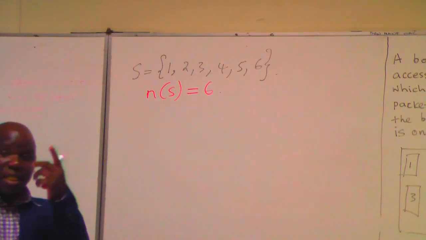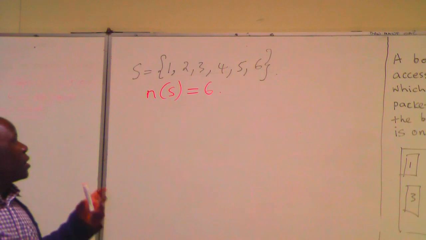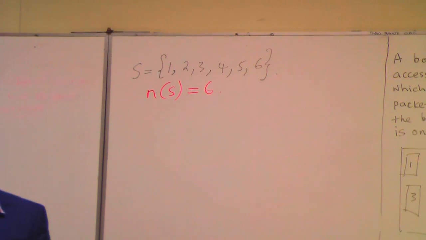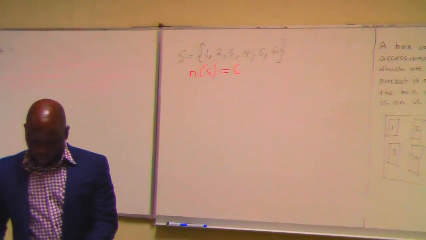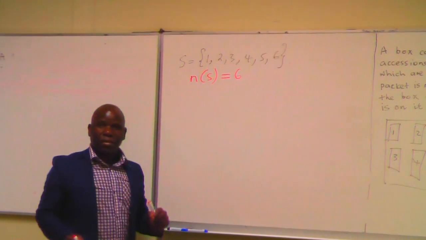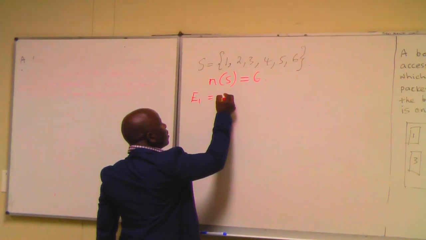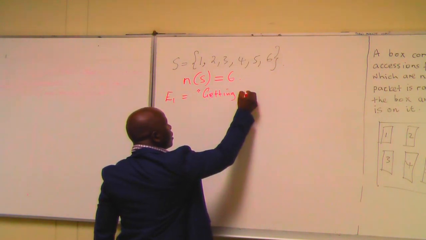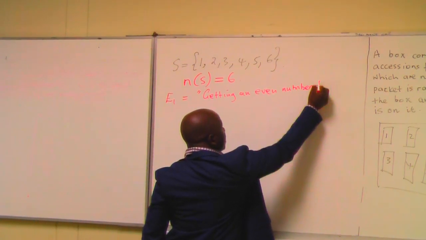So I want us to define some events. Suppose we define event E1, which is getting an even numbered packet.